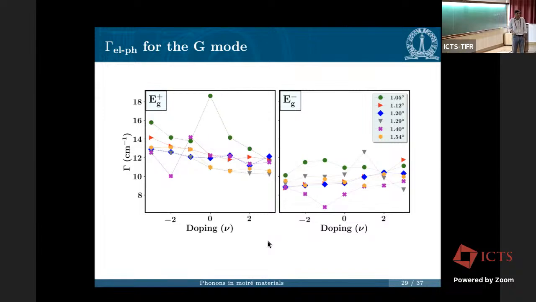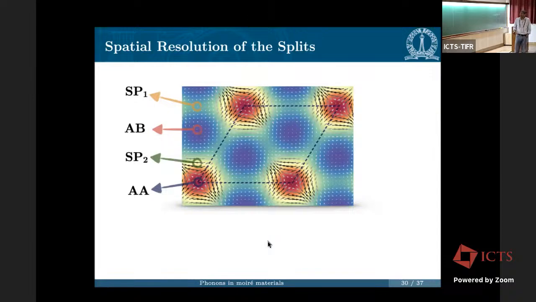Is this real? If you look at this peak in careful detail, you realize that this really comes from the joint density of states being increased at this doping, which is the reason why you actually see this peak. So you can actually explain all of this just in terms of a simple joint density of states kind of argument. Okay? But now the question is, where is the split coming from?